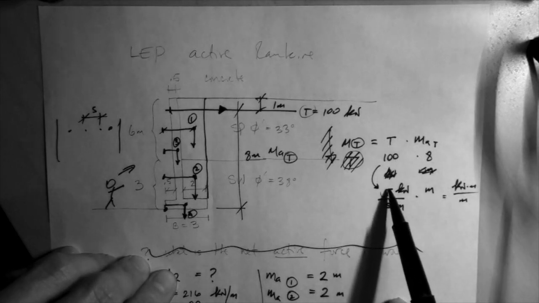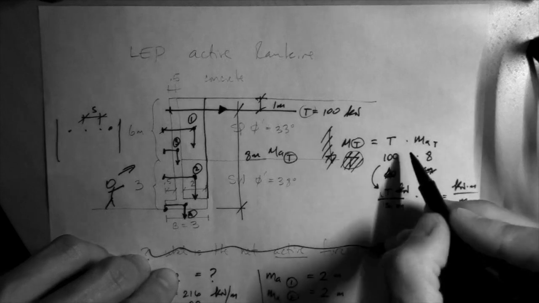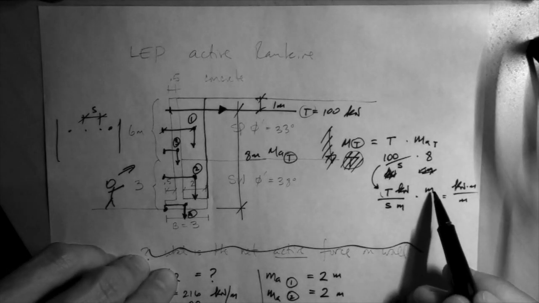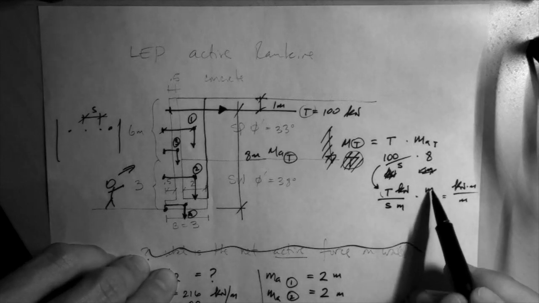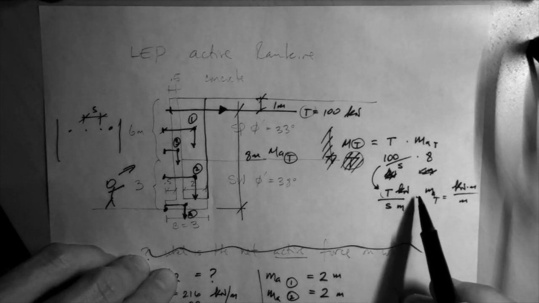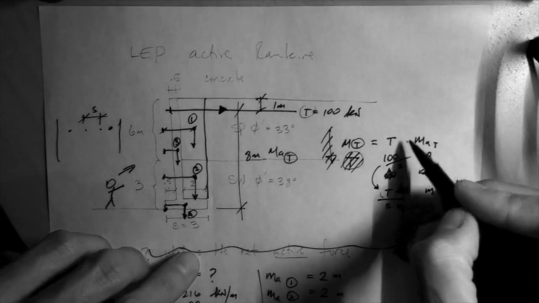So, in summary, the moment due to the tieback is equal to the tieback force divided by the spacing times the moment arm of the tieback, which is 8. So T over S times the moment arm of the tieback.